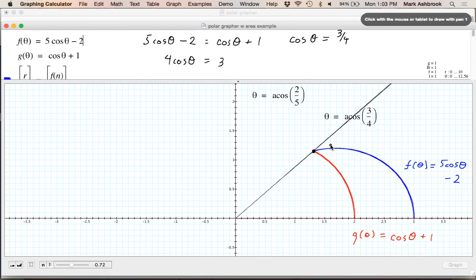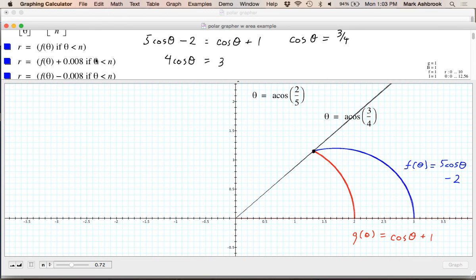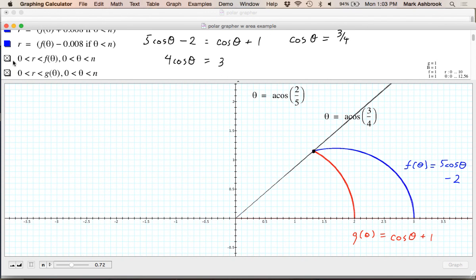Right. So if you think about how it works, if I did the area for F, the integral from 0 to arc cosine of 3/4 of 1/2 r squared d theta, what region would I get the area for? All the way to the pole, right?